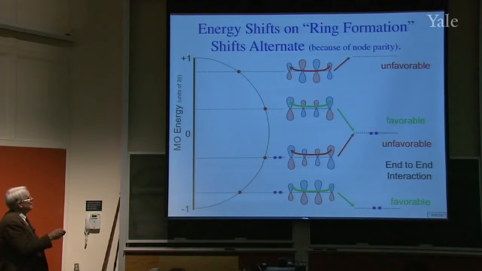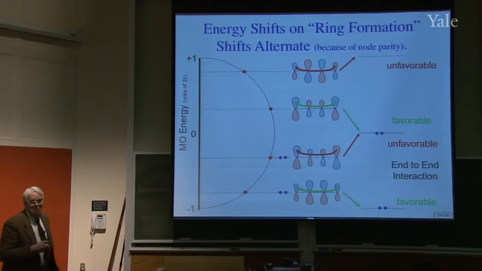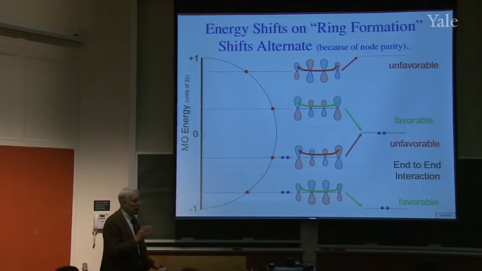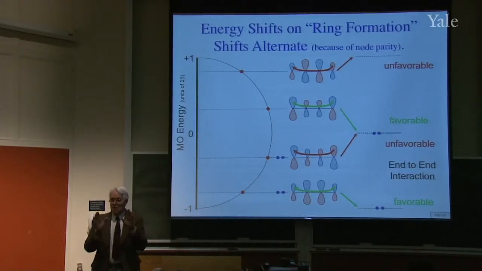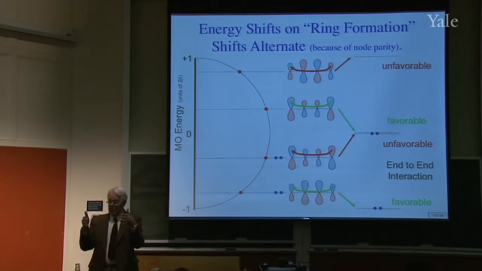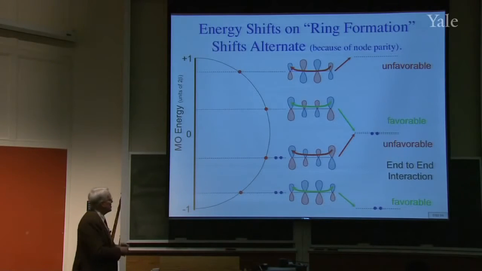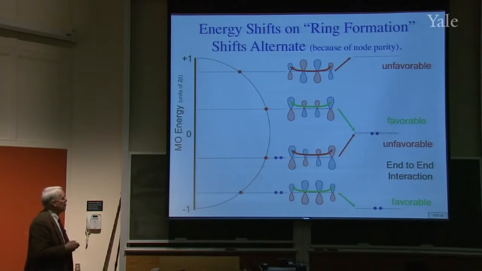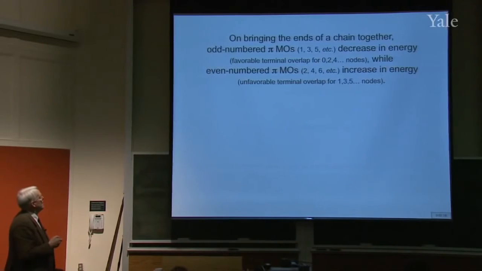And notice that the shifts alternate down, up, and they must do that because of the number of nodes. If you have an even number of nodes, it'll be favorable because you'll have the same sign on the two ends. If you have an odd number of nodes, it'll be unfavorable. So it has to be that down, up as you go up the scale of MOs and then curl them to touch their ends.